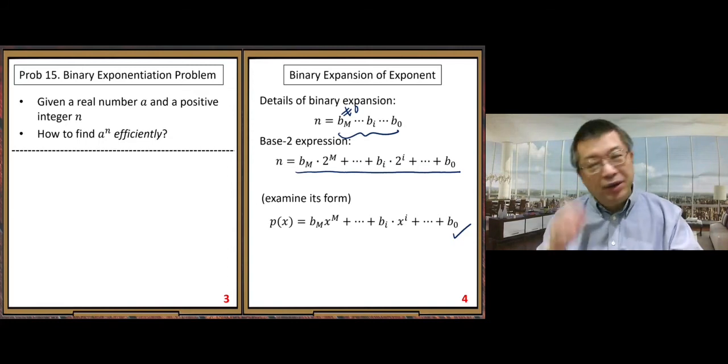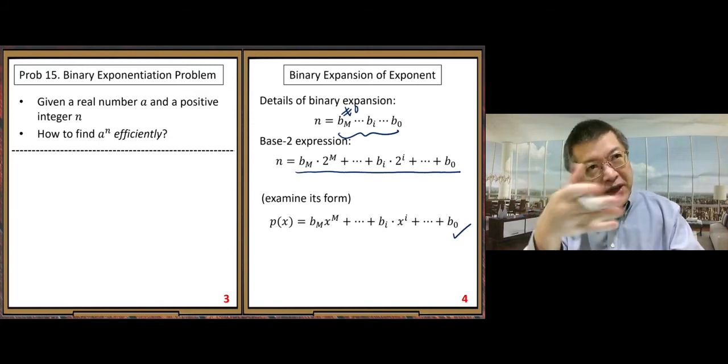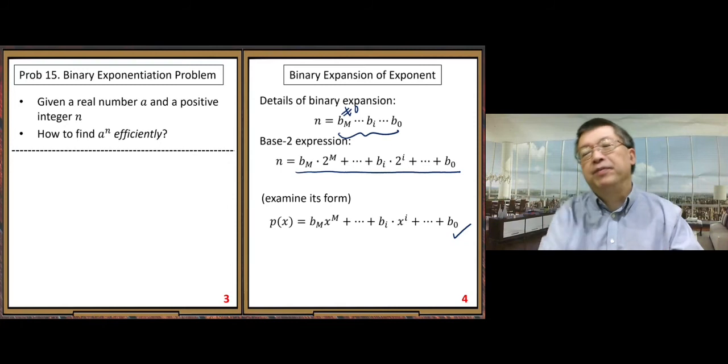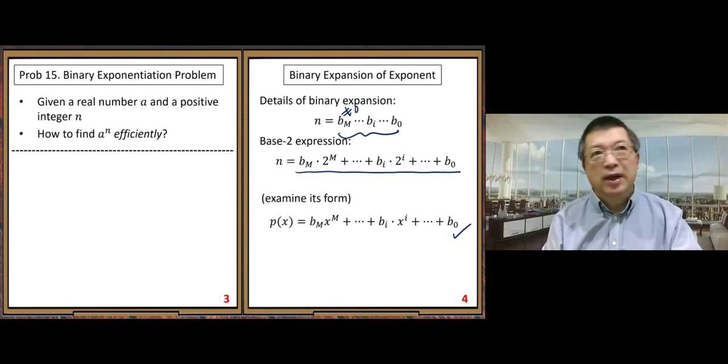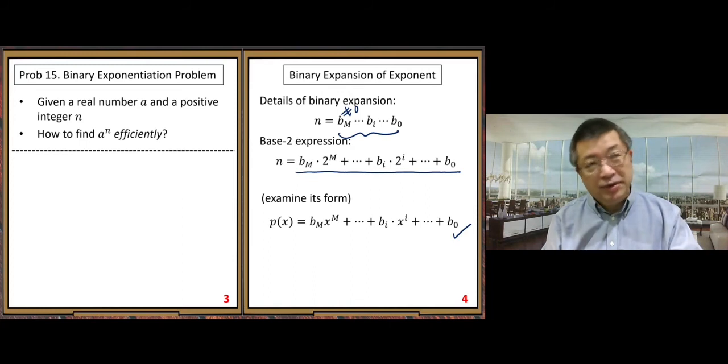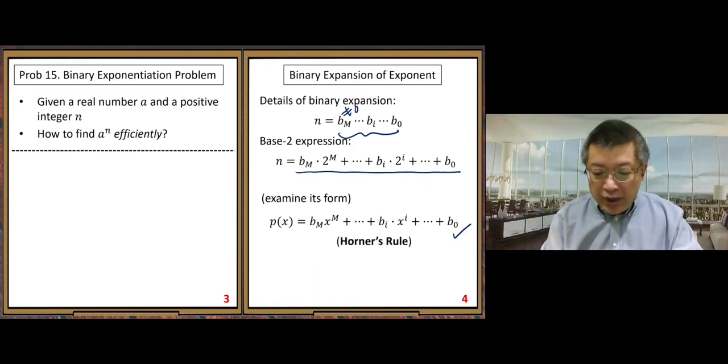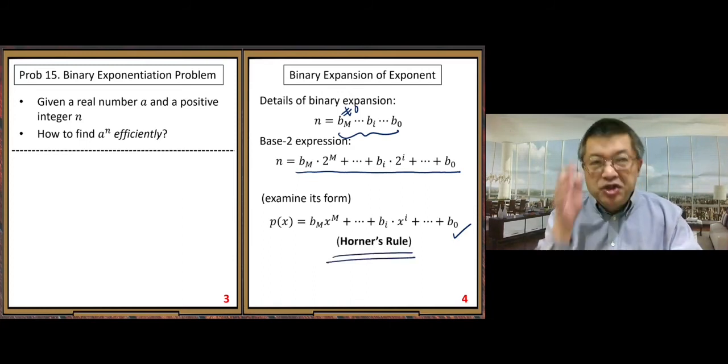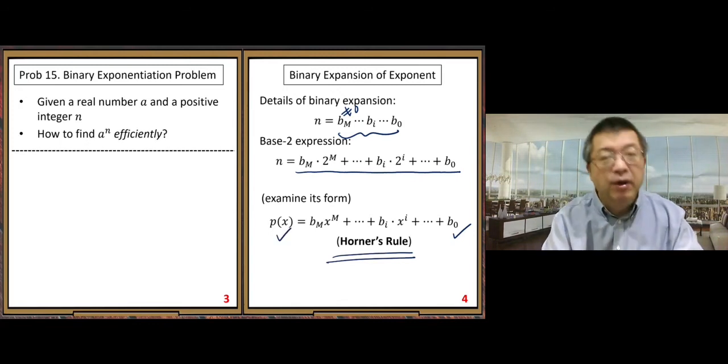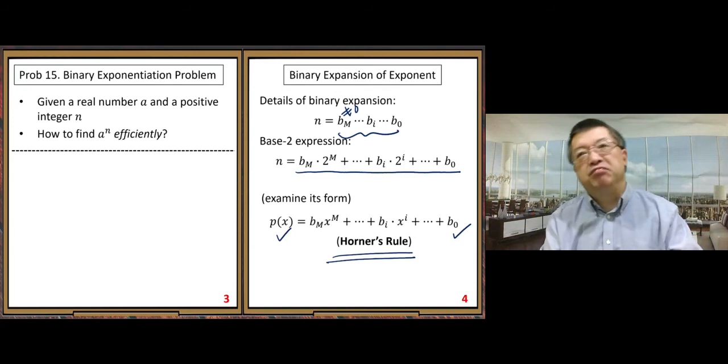Here I want to connect to something that we did some work on before. Why I want to do that? Because there is a very smart method that can evaluate this polynomial very efficiently.